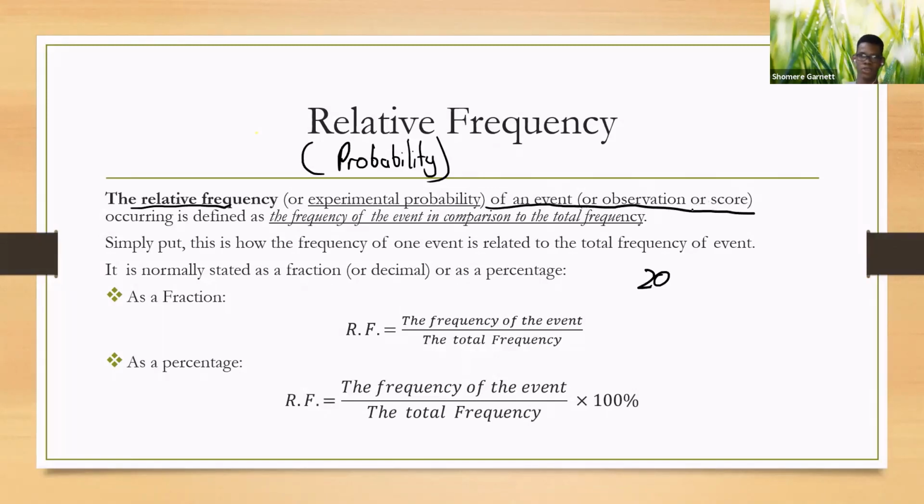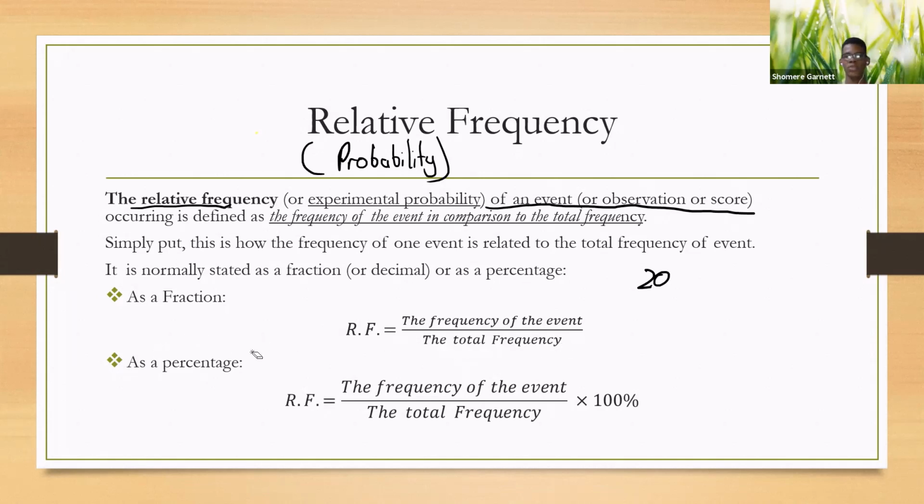So you're talking about a particular observation when you look at relative frequency. 10 over 20 would be our relative frequency, and we can express that as a fraction. As it says right here, it's the frequency of the event, which for the example I'm coming up with is yes. What's the frequency of yes? It's 10 divided by the total frequency, which is 20. And total frequency is usually how many persons you give the questionnaire to, right?